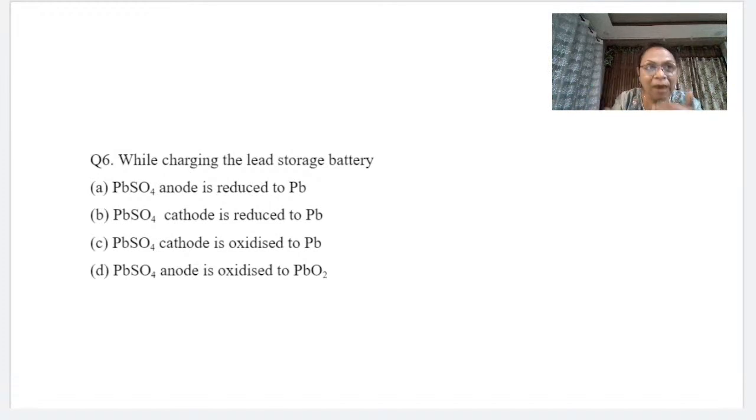When you have used up your lead storage battery, then it has used up the lead sulfate, so you need it back. So what does the anode do? Replenish back the lead. So the lead sulfate anode is reduced to lead is the correct option. Okay, so that your cell is ready to work again with the lead, fine and plenty.